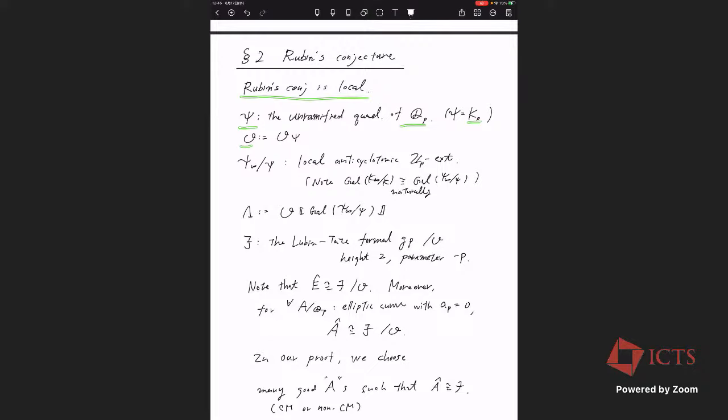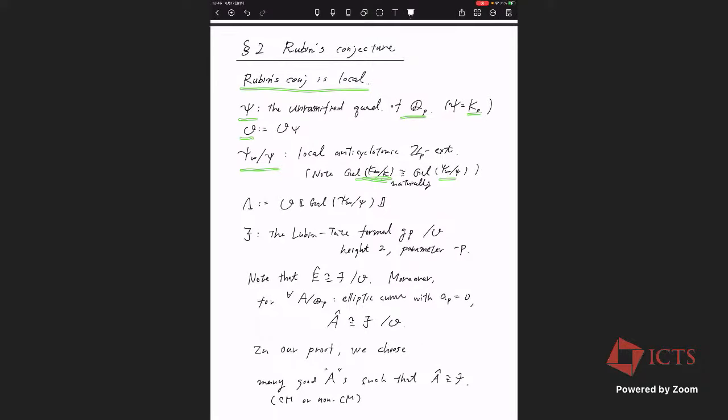We denote by O the integer ring of Ψ. Now Ψ_∞ over Ψ is a local anticyclotomic Z_p-extension. In the setting of the introduction, the class number of K is 1 because E is defined over Q, so the global anticyclotomic extension and the local one coincide naturally.